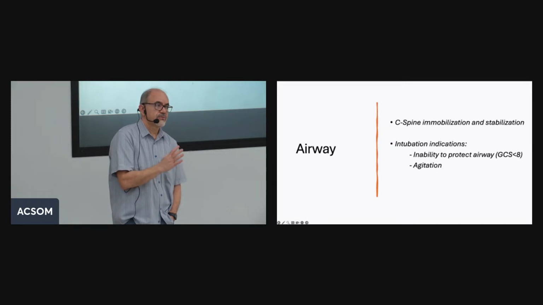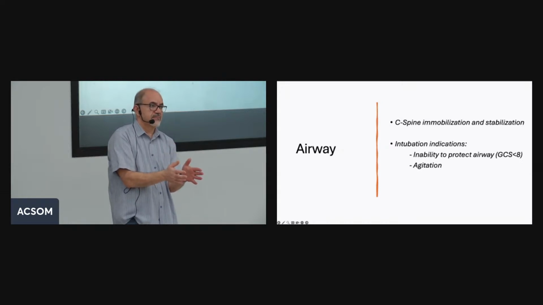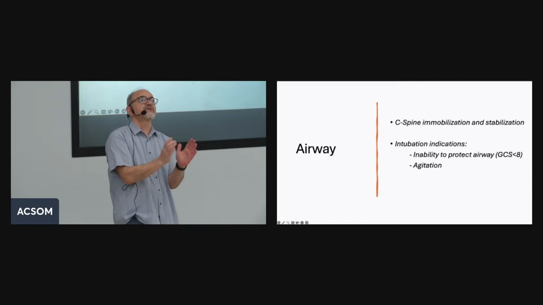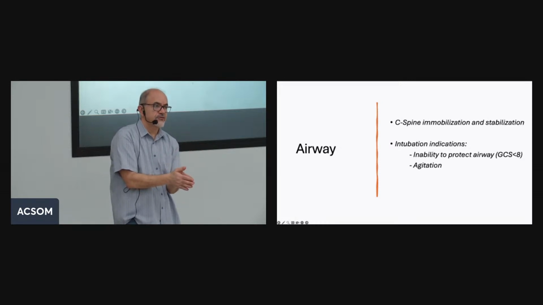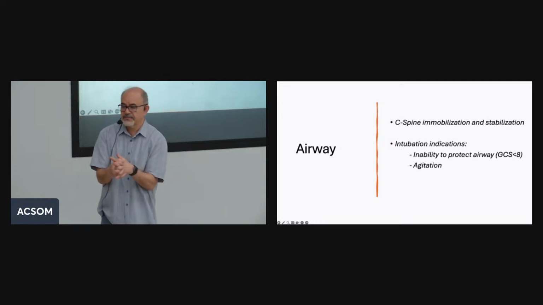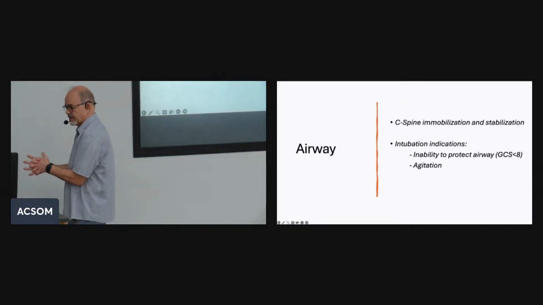So whatever you do for A and B, make sure somebody is holding the neck, someone is securing the neck until you get a C collar around the patient's neck. Especially if you need to intubate, during intubation, you have to have inline immobilization of the spine so people don't flex the neck too much or move the neck to the left and right. Maintaining the neck immobilization and making sure the spinal cord is intact during all these interventions is extremely important.